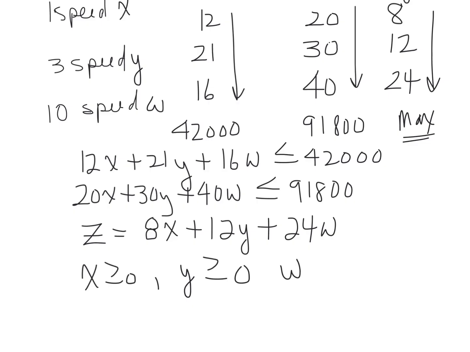And w has to be greater than or equal to 0. Right? So we can have 0 1-speeds or some positive number, and the same for the other models. So that's a great way to look at optimization and how to really pull the information out of a word problem into a table and then translate that into the optimization equations.